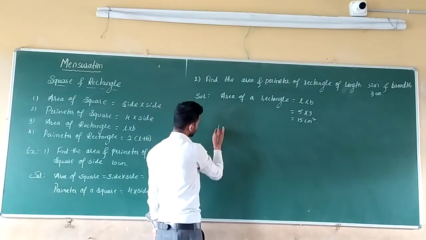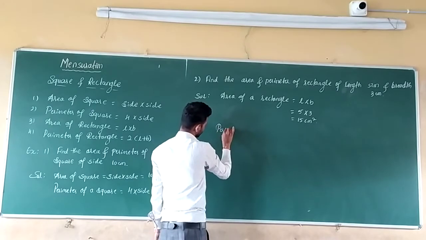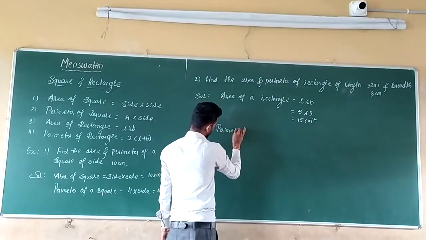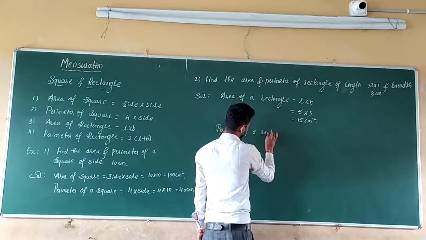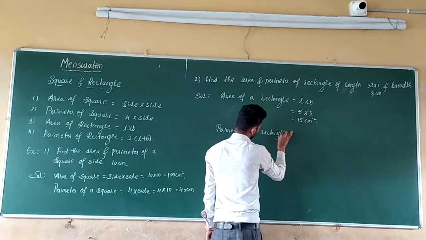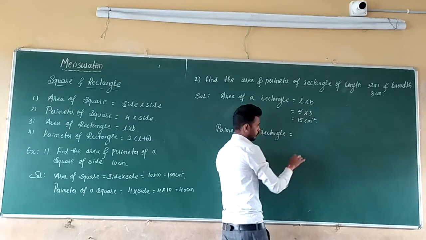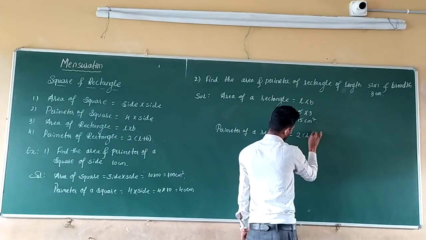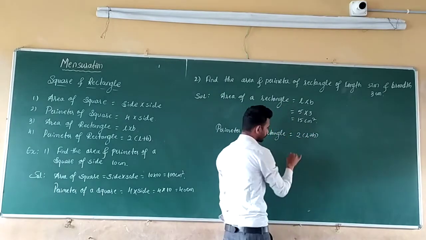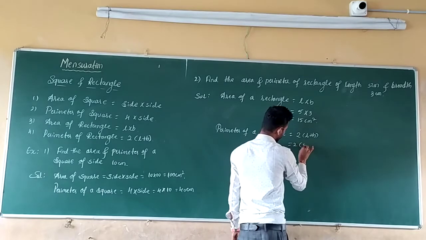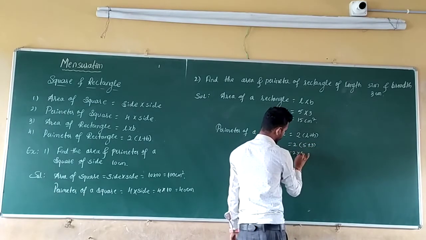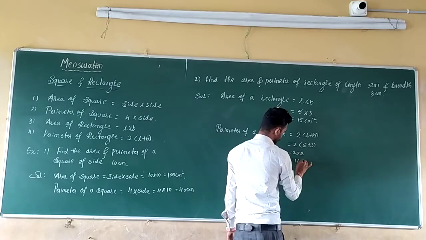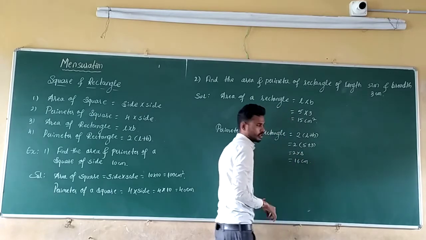And next, perimeter of a rectangle, which is equal to, the formula is 2 into L plus B. So 2 into length 5 plus breadth 3, 2 into 8, 2 eights are 16 centimeter.